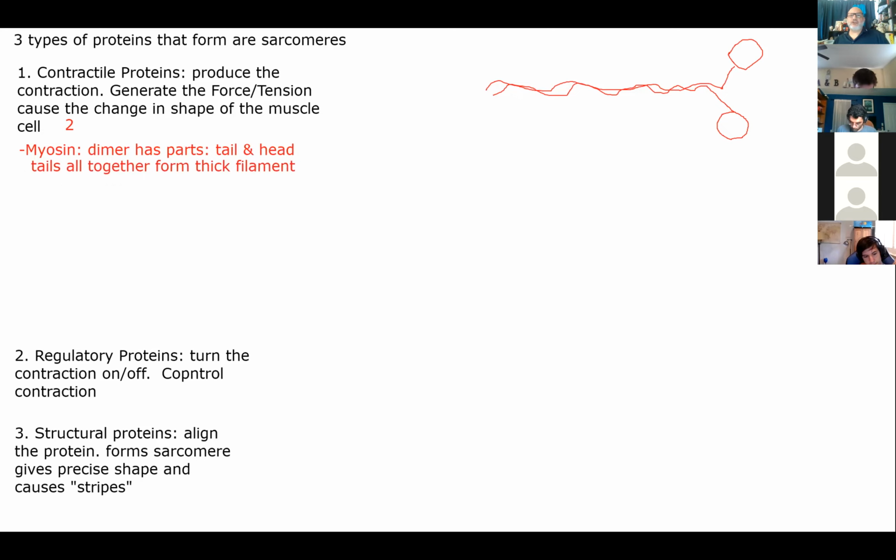But what's special about myosin is the head. The head of the myosin is the motor. Remember, as we talked about, motors convert chemical energy into mechanical energy.